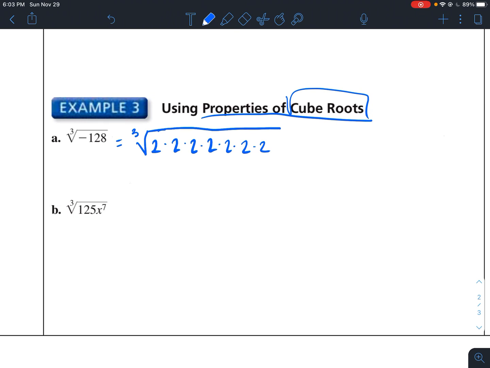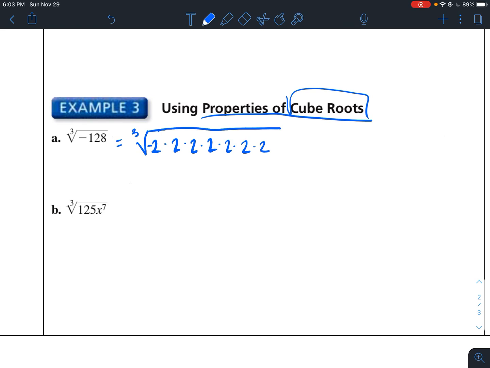So look at what we just did right there. Basically, we can sum this up to be the cubed root of 2 times 2 times 2 times 2 times 2 times 2 times 2. One of these has to be negative, by the way, because we have a negative sign right there. Okay?